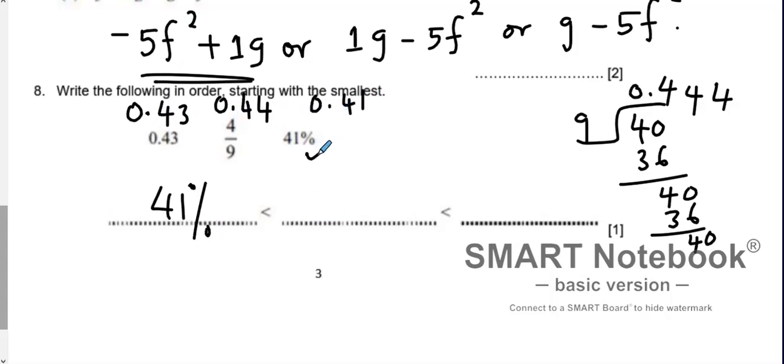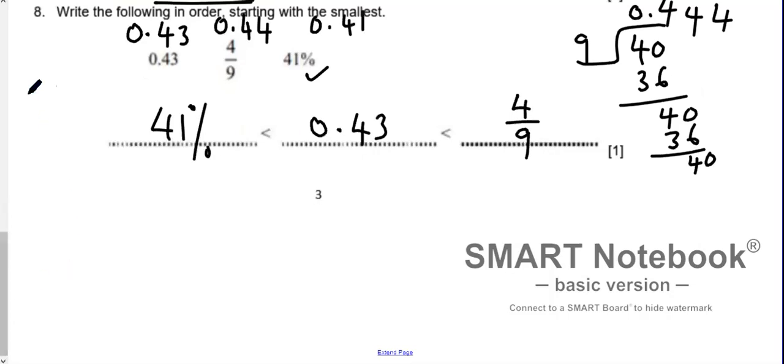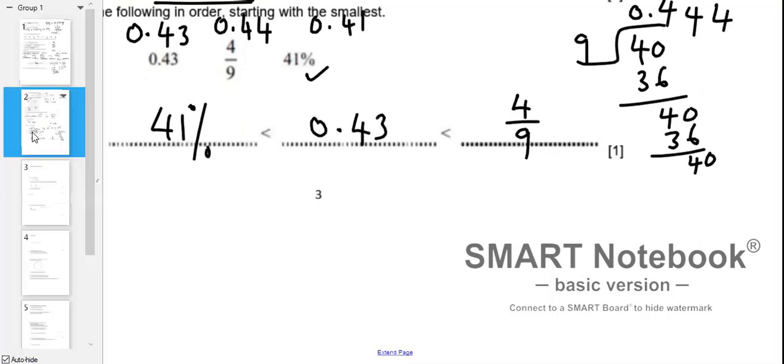This is done. The next one will be 0.43. And the last one will be 4/9, which will be the largest. I hope that is clear. Let me push on to the next question.